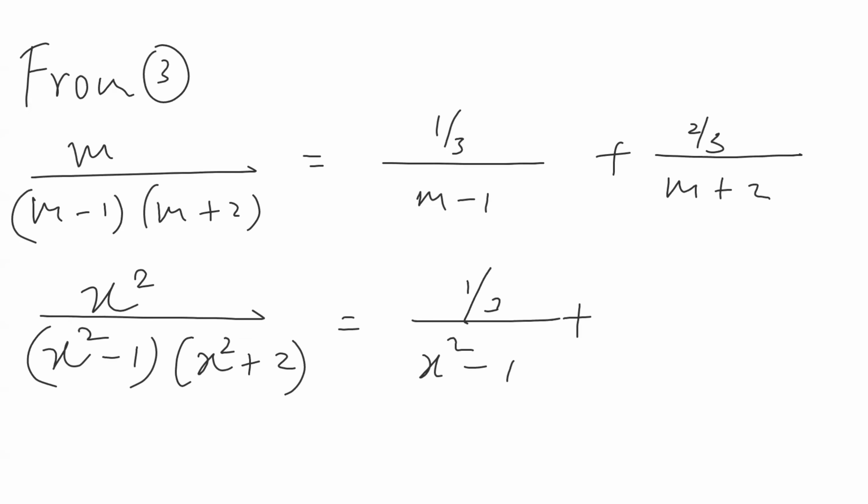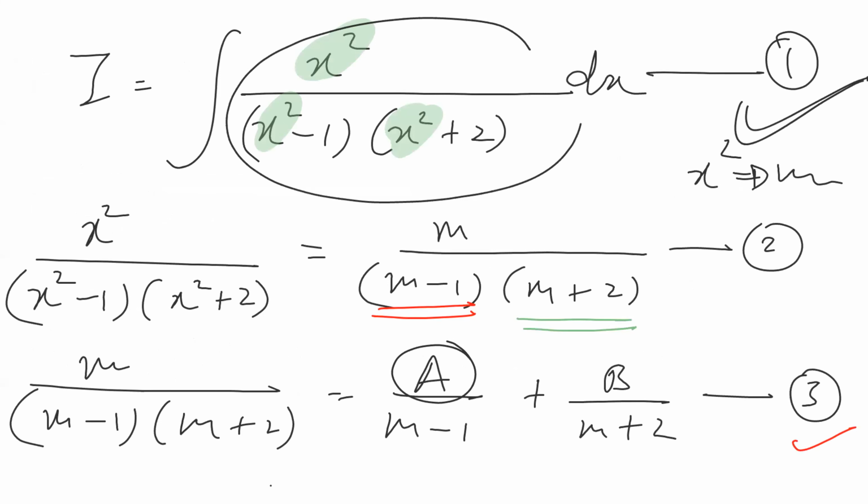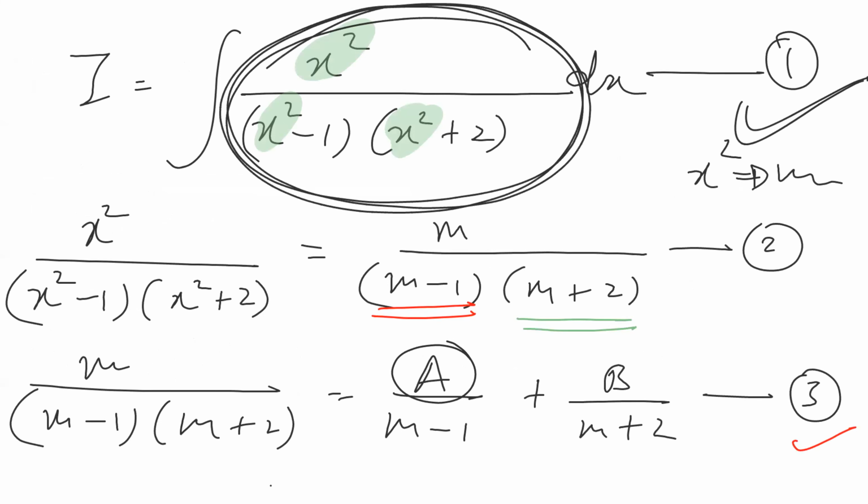But then in second category partial fraction, first replace this m by x square. Right. Now we can go back to equation number 1, because we got the value of this.